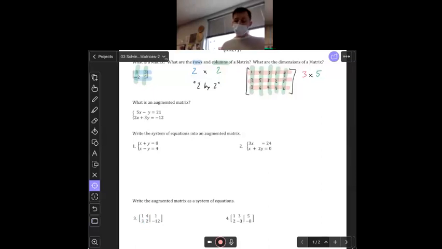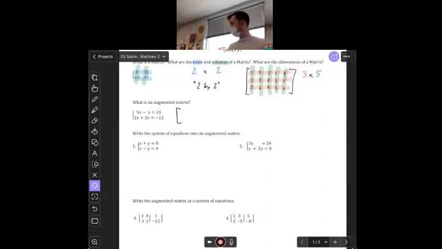What we do with augmented matrices is we take systems of equations and we rewrite them as augmented matrices. So I'm going to rewrite this system of equations as an augmented matrix. I'm just going to put each equation into a row of the matrix, and as I do that, I'm going to pull the variables off of it.